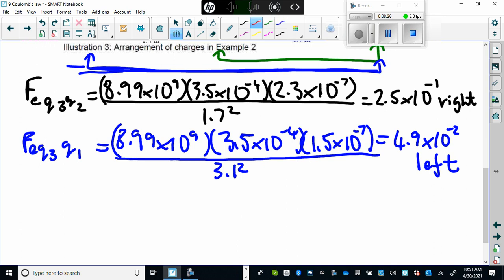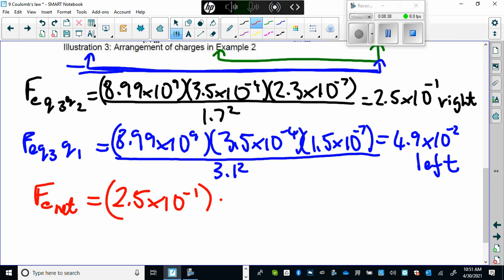So I'm going to say that the net force, the electrostatic net force, equals 2.5 times 10 to the negative 1 plus negative, and you may be saying, well, why'd you put the negative in there all of a sudden? You keep telling us don't put negatives in, but now we're dealing with the net force, and now we must indicate that they have different directions.